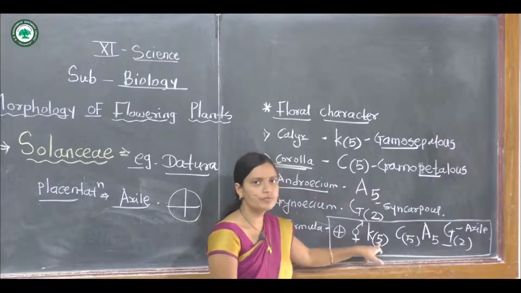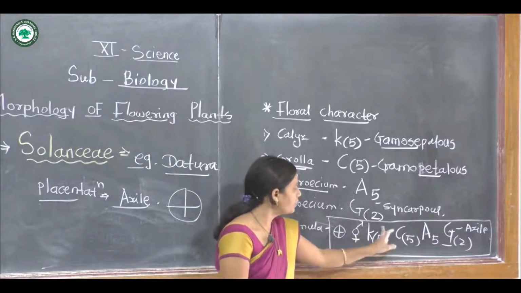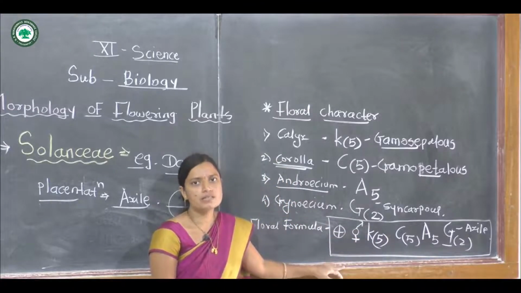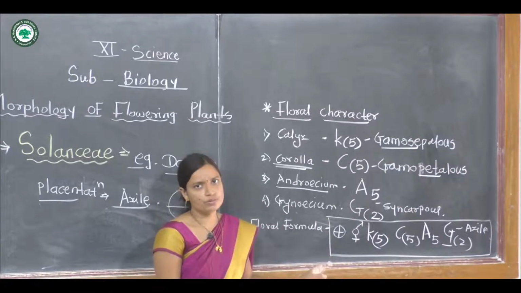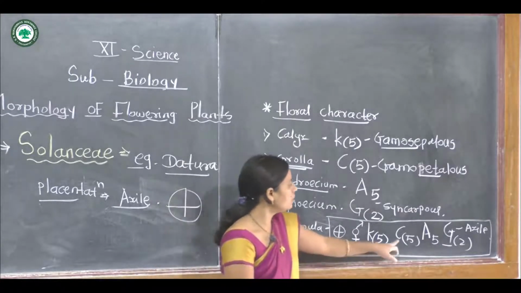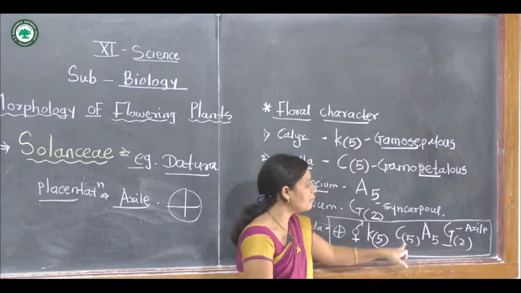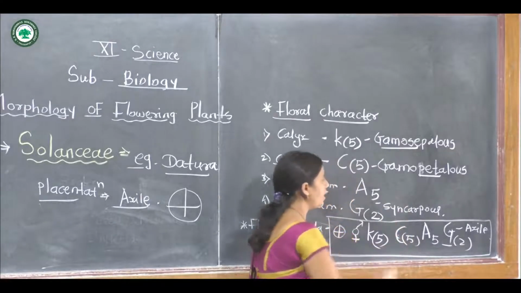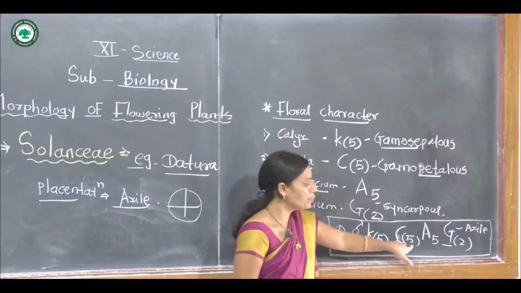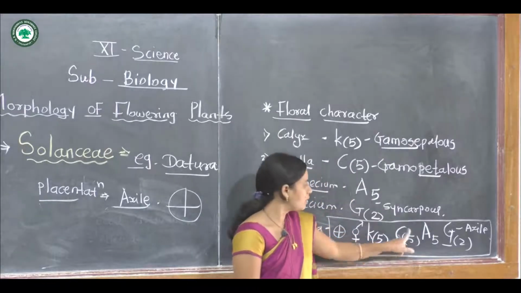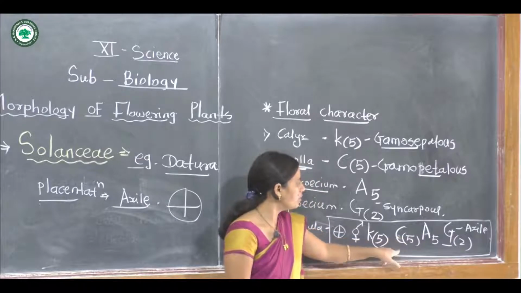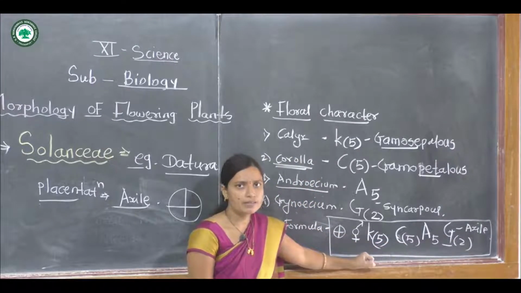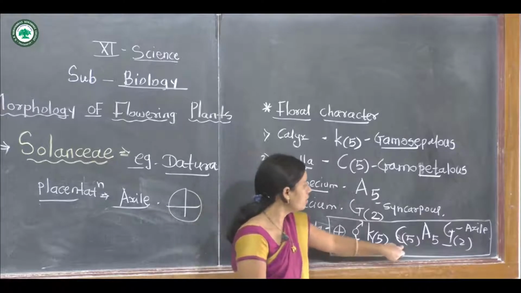There are 5 sepals and they are united. The bracket indicates the gamosepalous condition, fused with each other. Next, the floral part corolla is indicated by capital C, with 5 petals and a bracket meaning the gamopetalous condition.